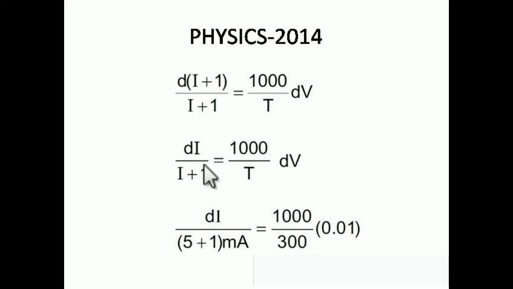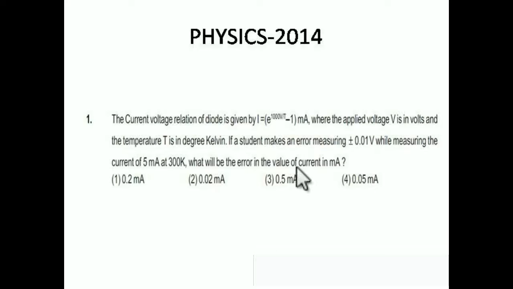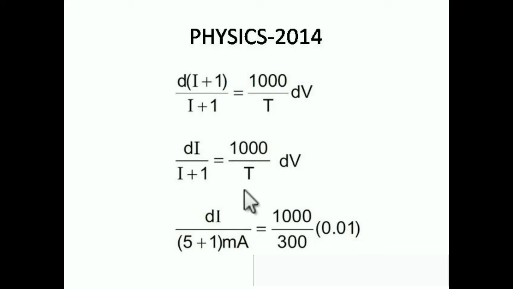Now I have to find the error in the value of current. All the other values are given: dV is plus or minus 0.01 volt, current I is equal to 5 milliampere, and temperature T is 300 Kelvin. So I just have to put the values here.